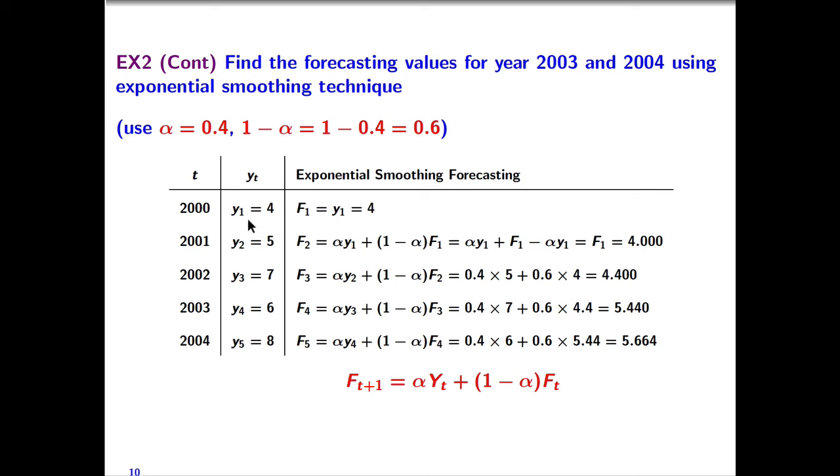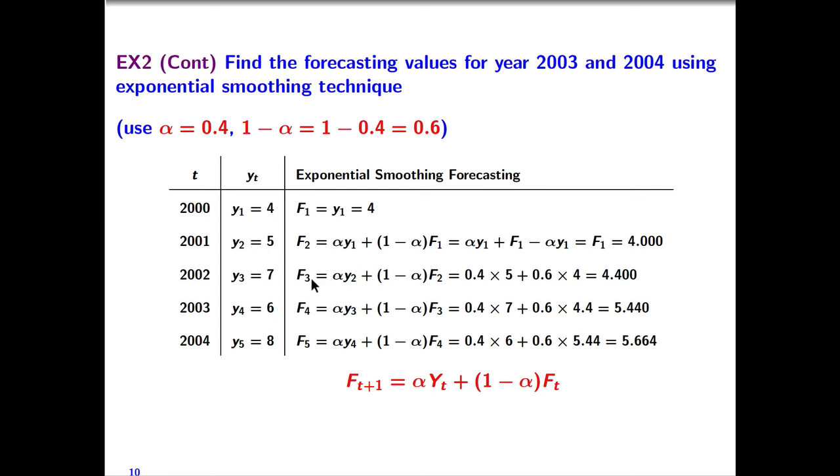Now we know y1 is 4, and we also know F1 is 4. So you actually have alpha y1 plus F1 minus alpha F1, which is y1. So you cancel out alpha y1 and this minus alpha times y1. F2 is also F1, and in this case F2 equals F1 equals 4.